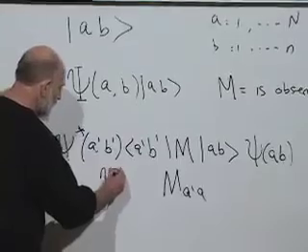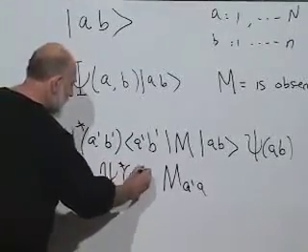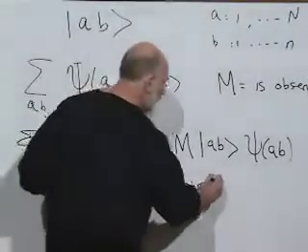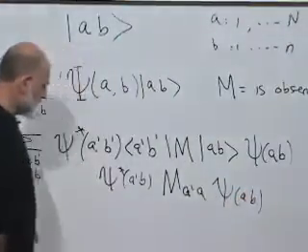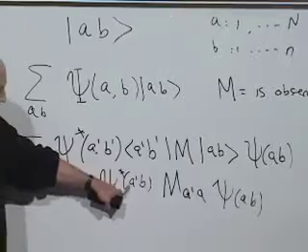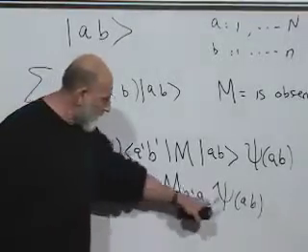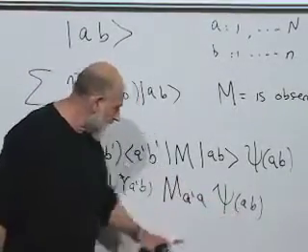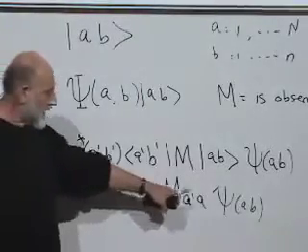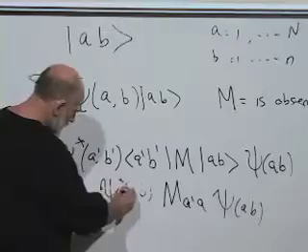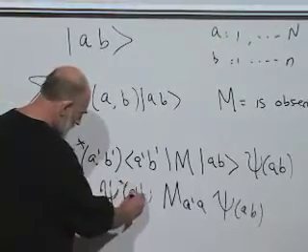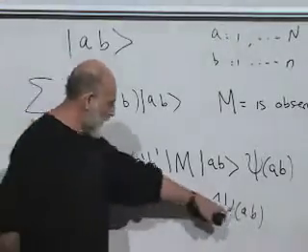Psi star of A prime B, psi of AB. All right. Notice on the left we have psi star of A prime, psi of A. But as far as B goes, B hasn't changed.